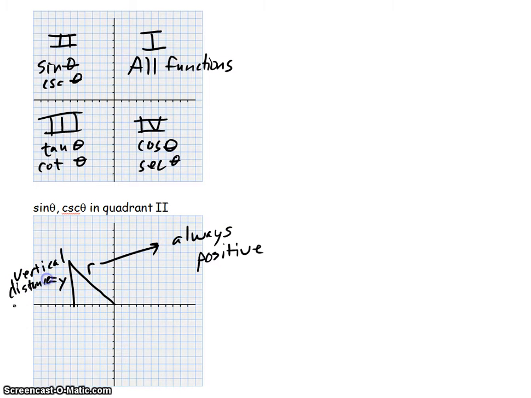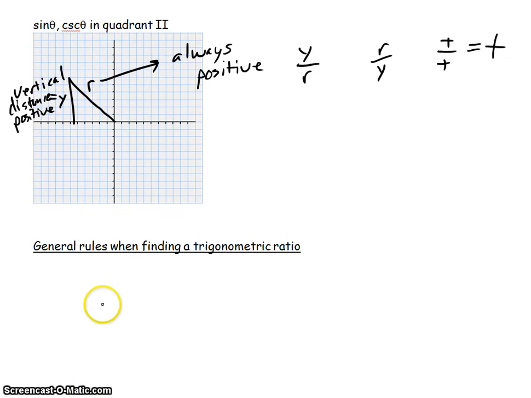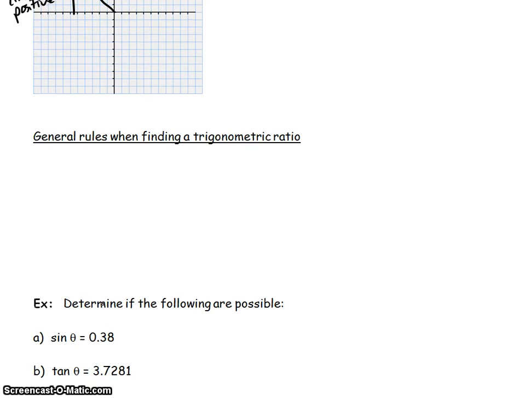And it's positive, so it's going up. So we have a ratio of y over r or r over y. That's a positive over a positive, which will always be positive. And the same logic will be true for any of these. Okay?